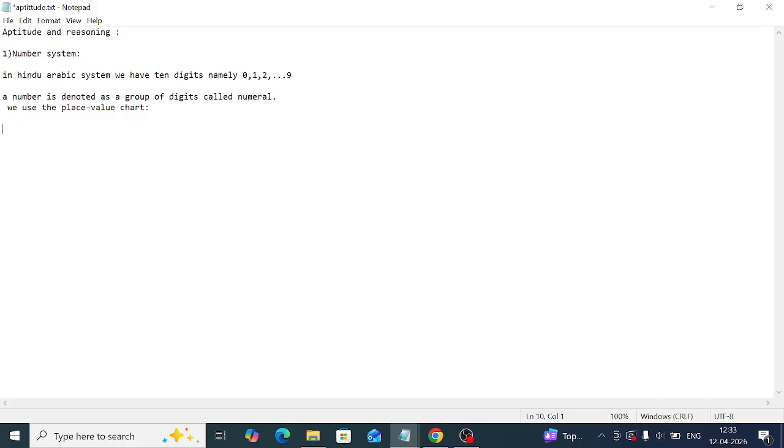Suppose I have a value 52367. The 7 is in the units place, it is nothing but a 1. Then it is a 10, a 100, a 1000, a 10,000.